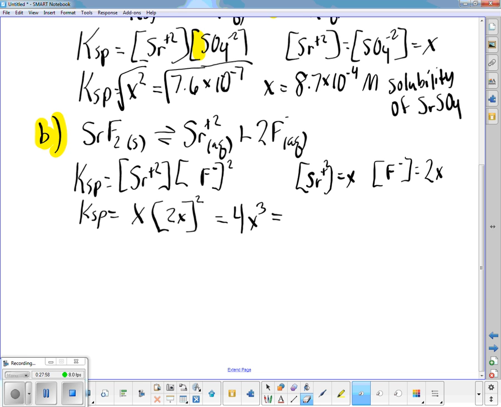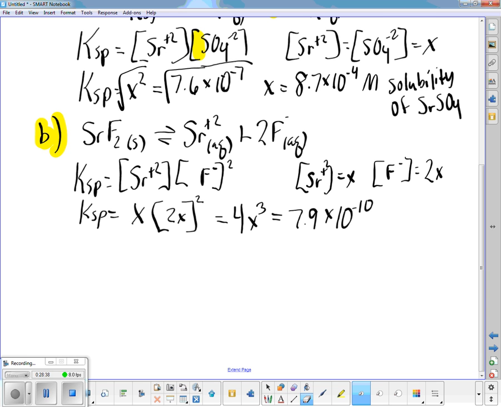All I did was plug in right here into here and simplified it out. So I said, okay, every time I break up a strontium fluoride, I get 1 strontium and 2 fluorines. Now I put that back into my KSP. Now I'm going to look back up at my problem, and it said that the solubility constant for strontium fluoride was 7.9 times 10 to the minus 10.